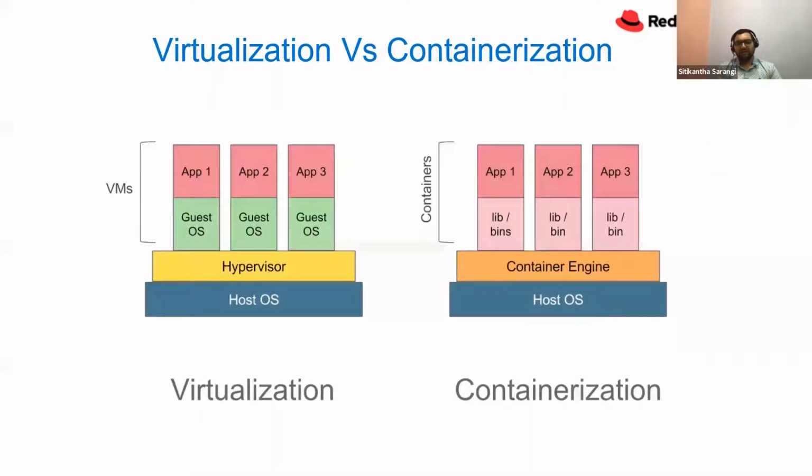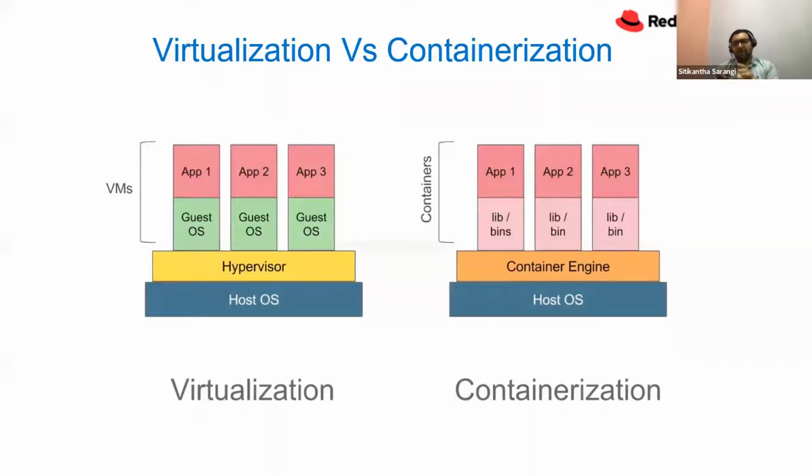So you have a big hardware, suppose a 128 GB RAM and 32 CPU server, and you want to abstract it and create multiple virtual machines on top of it. So you have to install a hypervisor on top of it, and then you can create multiple virtual machines, and on each of the virtual machines you can deploy many applications, right? So for that you need a sizing requirement, or you need to do a capacity planning.